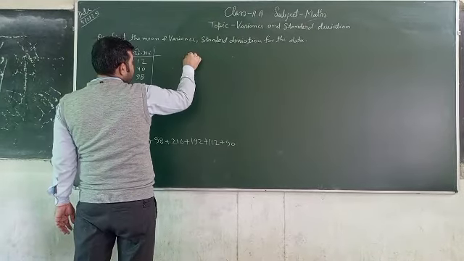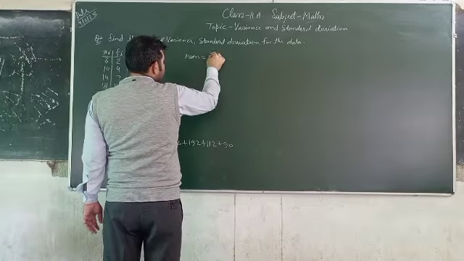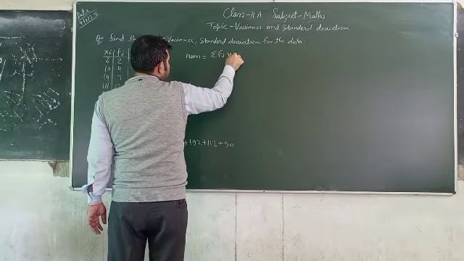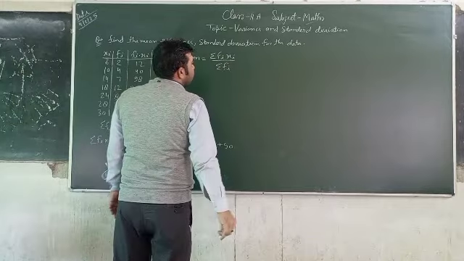Next is the mean. The formula of the mean is summation fi into xi upon summation fi.